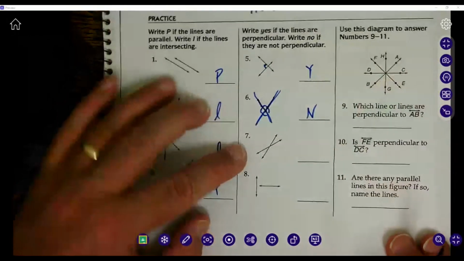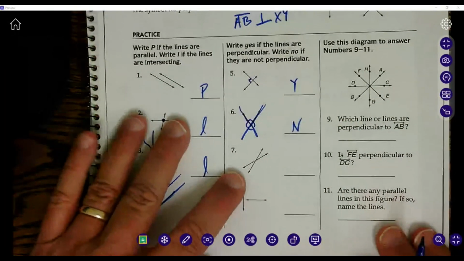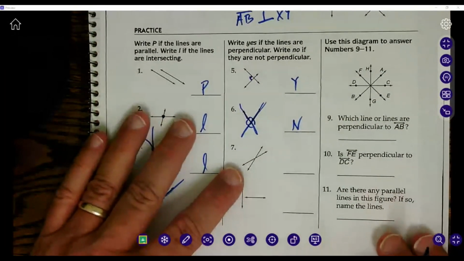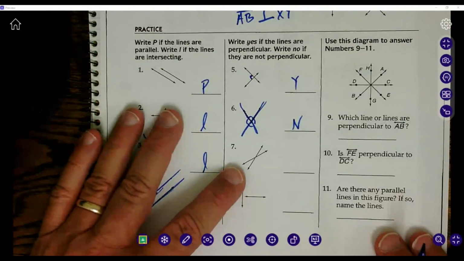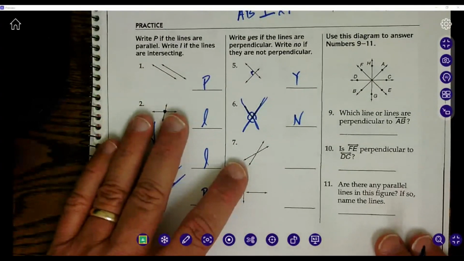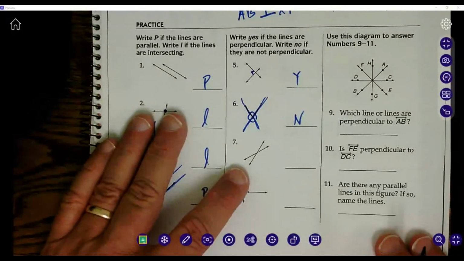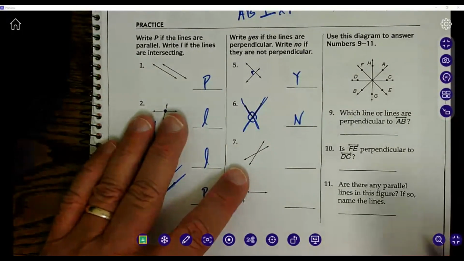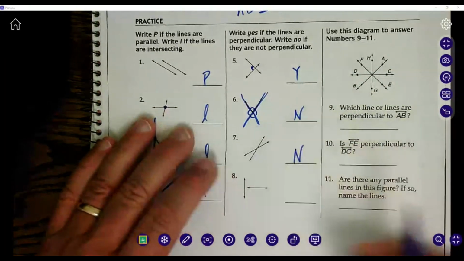How about number 7? Do you think those are perpendicular or not perpendicular? Y for yes, they're perpendicular. N for no, they're not perpendicular. So we're looking to see if we see a right angle. Okay, correct. The answer is no. Those do not form a right angle.